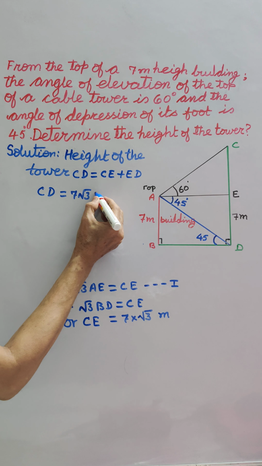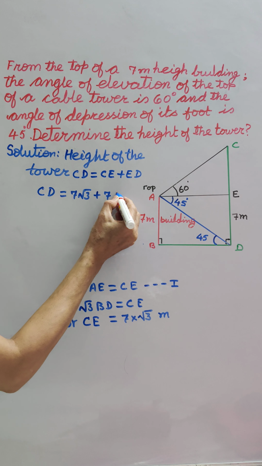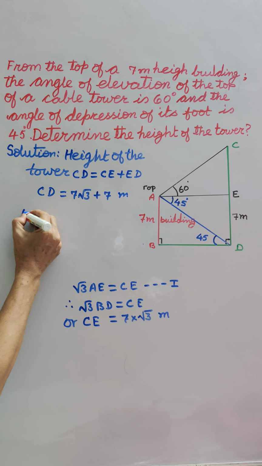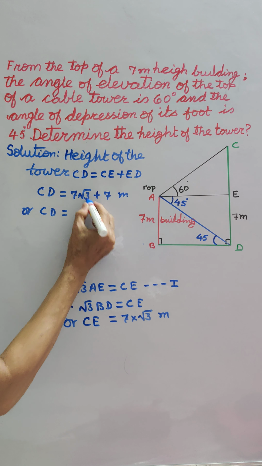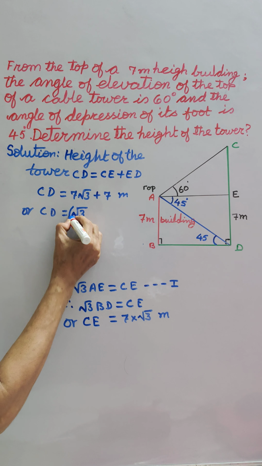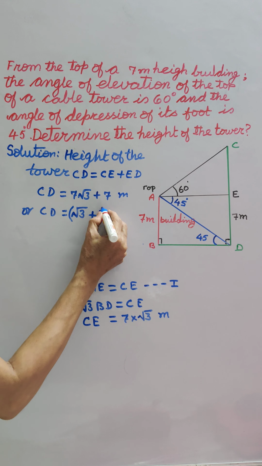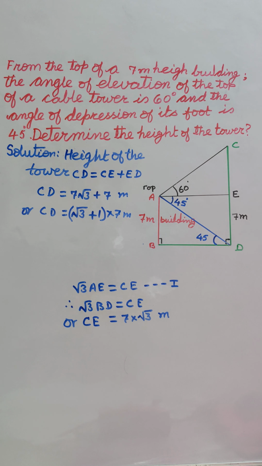So 7 root 3 plus 7 meters is the total height. Taking 7 common, the height of the tower CD is equal to 7 into root 3 plus 1 meters.